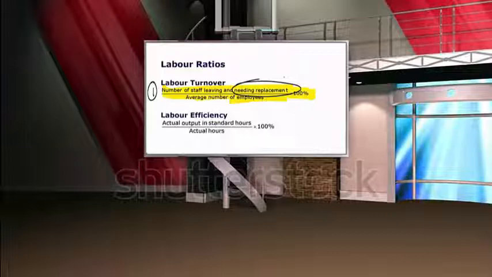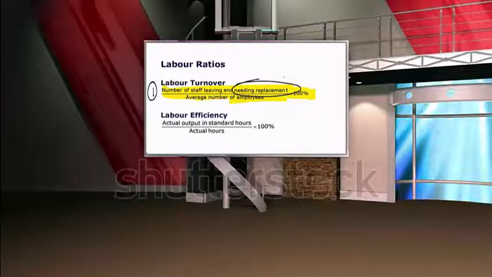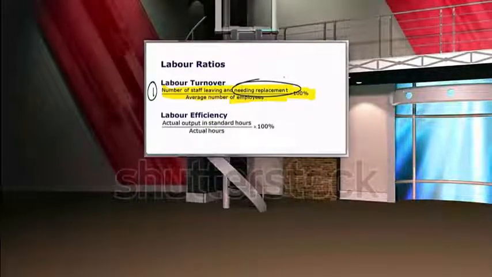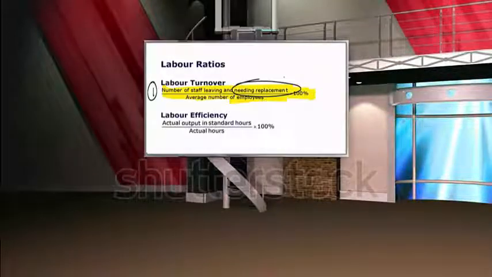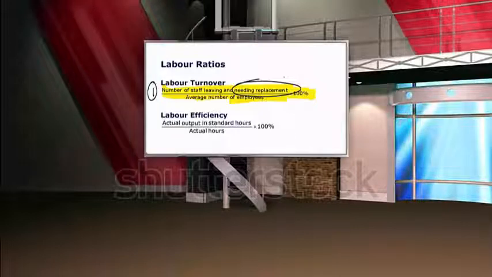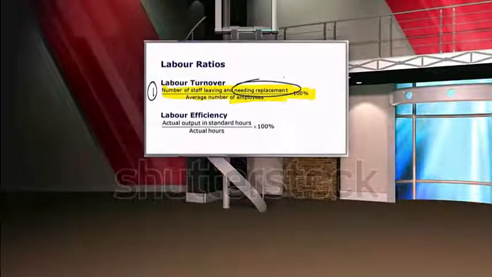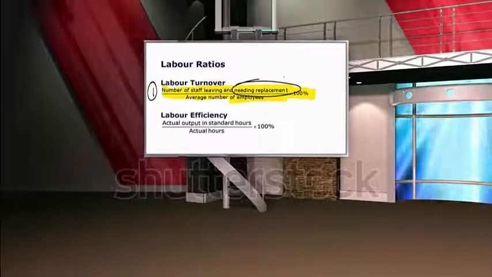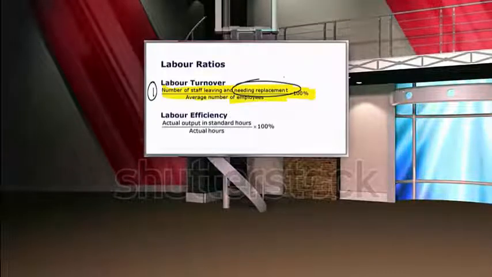Then we divide that by our average number of employees. The average number of employees may be given to you, or you may just quickly need to calculate it by taking the average of the number of employees at the start of the year and the number of employees at the end of the year.